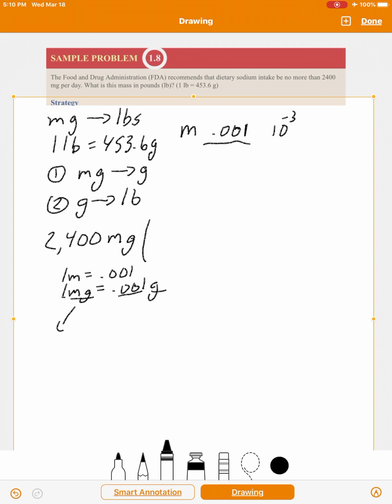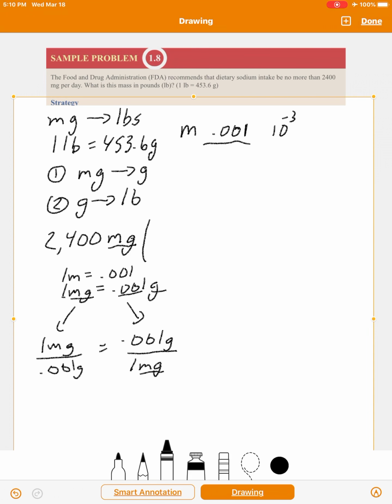We can write this two ways. We can put milligram in the numerator and grams in the denominator, or we can put grams in the numerator and milligram in the denominator. Either one. We're going to do the one that works for us. We want to get rid of milligrams and convert it to grams. See how you have milligrams here? So you need to divide by milligrams to get rid of it.